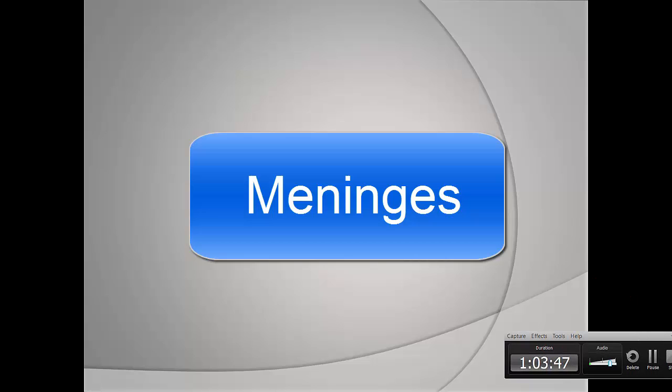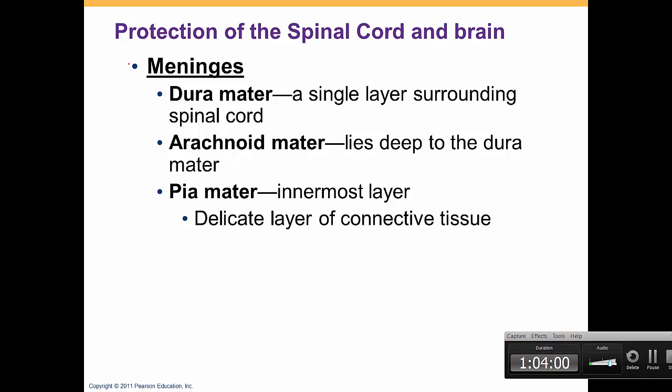The next structure that we need to talk about are the meninges. The meninges make the coverings of the spinal cord and the brain. So we have a dura mater, arachnoid mater, and a pia mater.